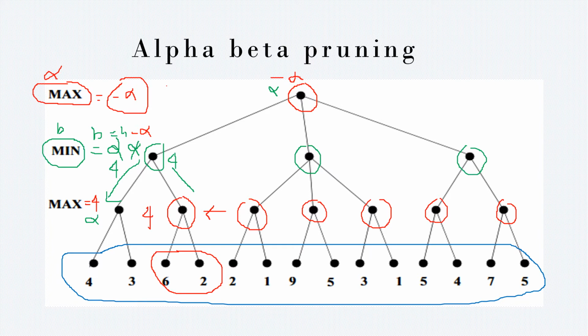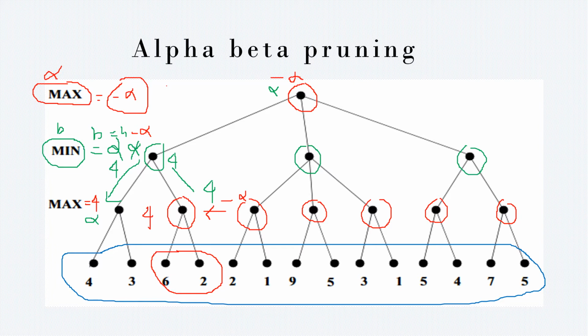Here we will figure out what the value of beta is. The value of beta is equal to 4, and the value of alpha here is minus infinity, the worst case.